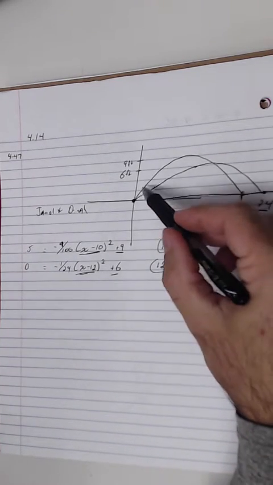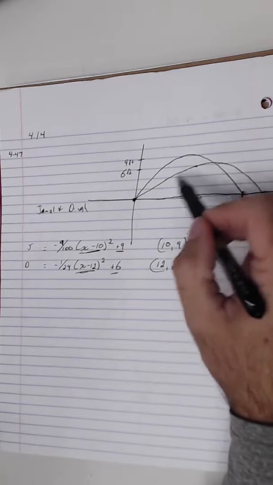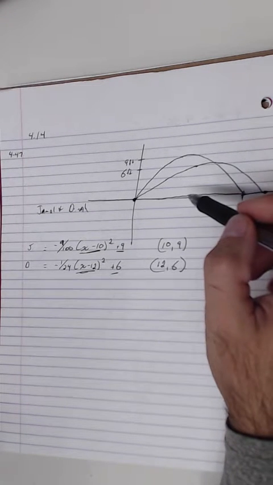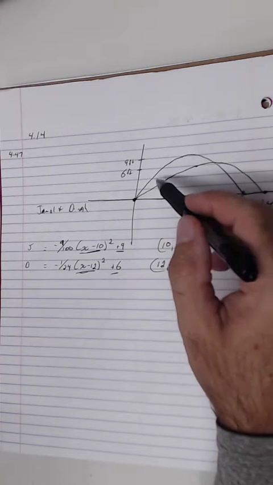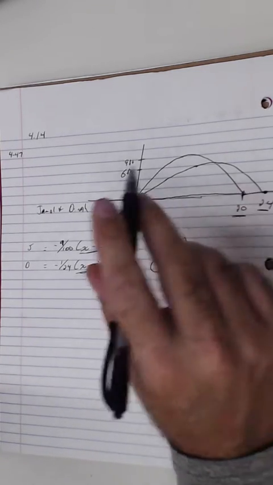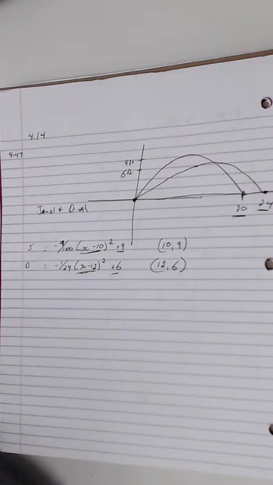Well, that represents the slope of both of them. You could just easily make those positive. But if you put those in your calculator, you're going to see it.